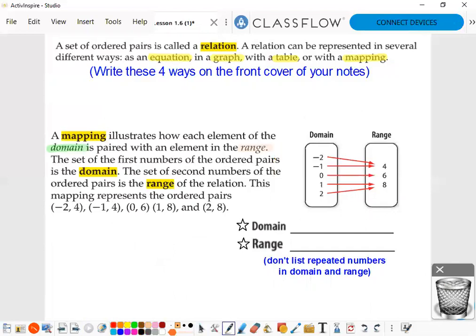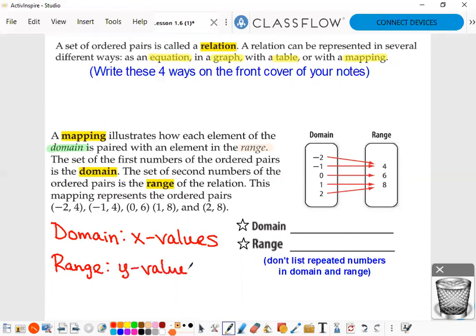So first things first, I just want to make a note here, and that is that the domain is talking about your x values, and your range is talking about your y values. So a lot of times we're going to talk about x values, y values.